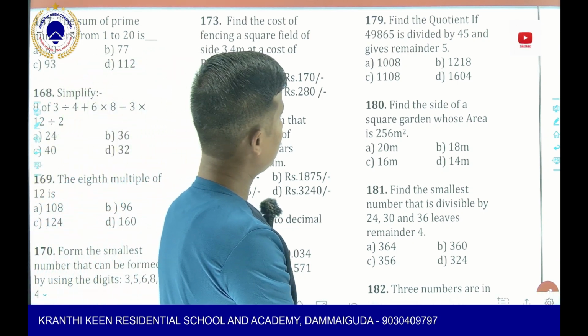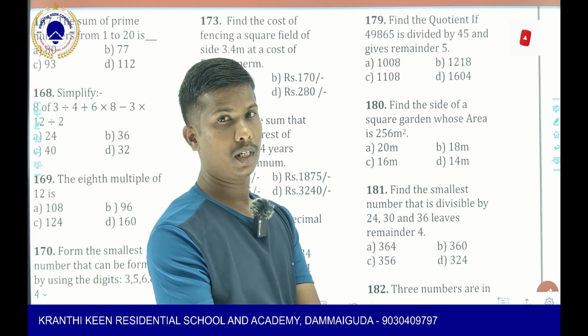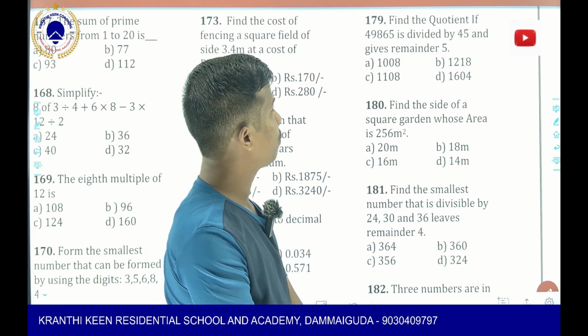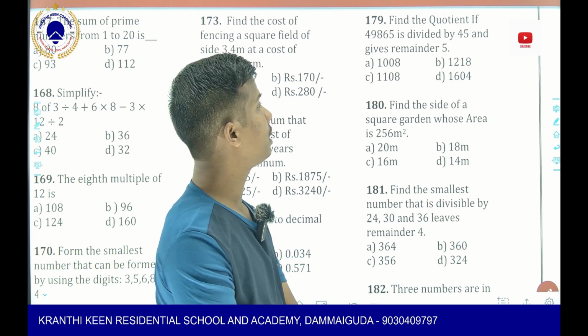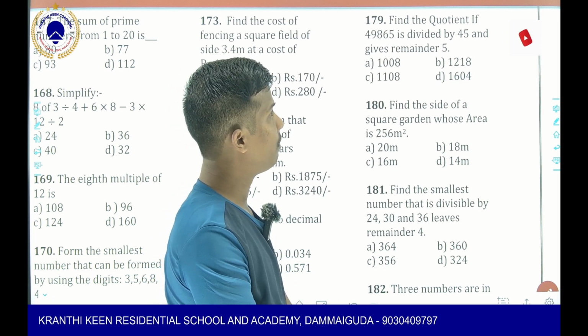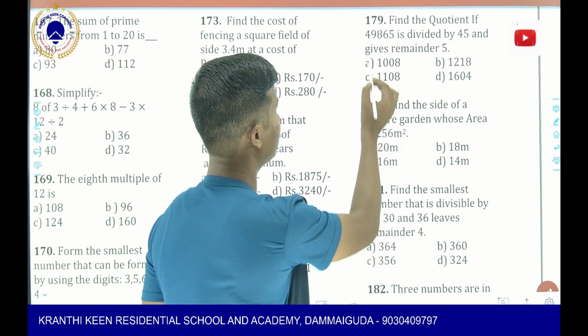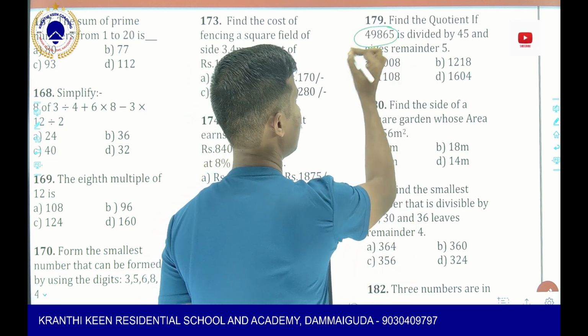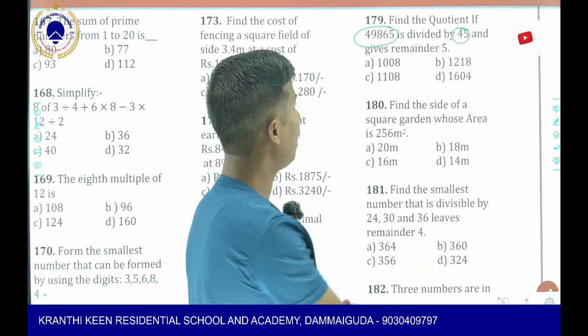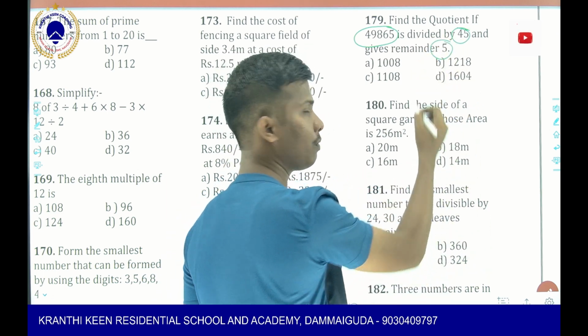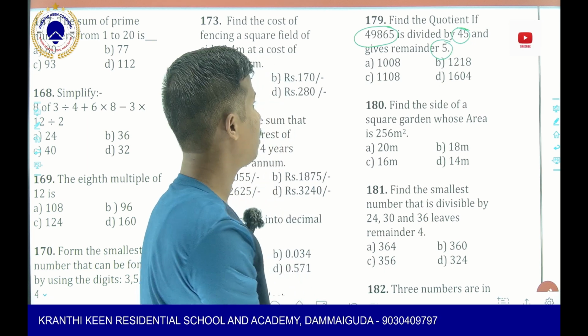This question is based on the division formula. Find the quotient if 49,865 is divided by 45 and the remainder is 5. That means this number is the dividend, this number is the divisor, and the remainder is 5. You have to find the quotient. What is the formula?